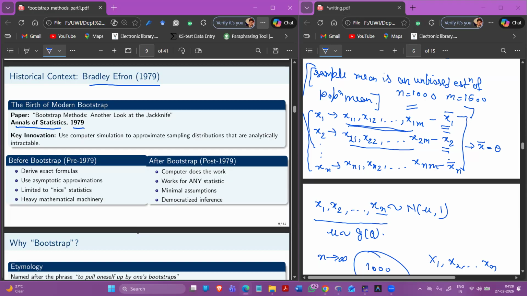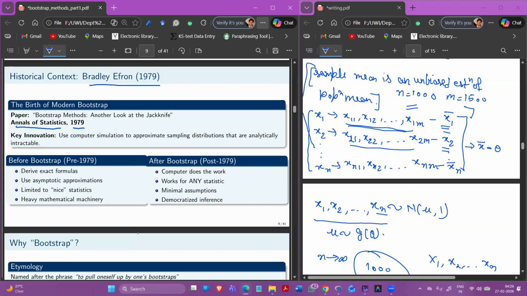The second thing was large sample approximation, asymptotic theory: as n tends to infinity, our estimate will follow the normal distribution. We had no idea how to proceed if we had only one sample. That was the problem before this paper was published.